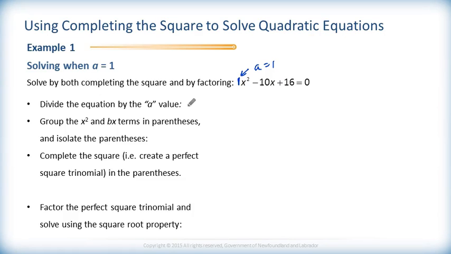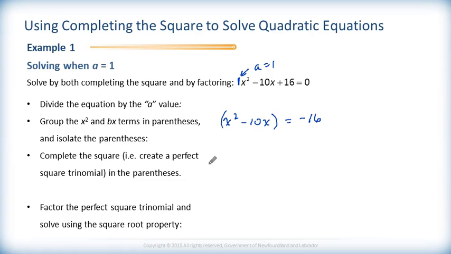So we don't need that for this example. However, for our second step, it says group the x squared and the bx terms and isolate the parentheses. So that means we're going to have to bring the 16 across the equal sign, and subtract it.